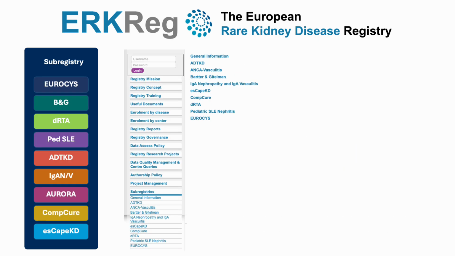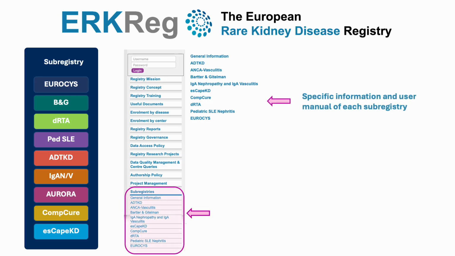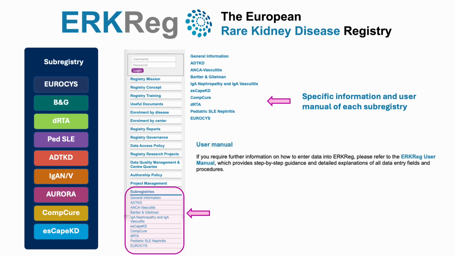This training provides an overview of the structure and the key points of each subregistry. For more detailed information, including inclusion criteria, individual variables, definitions, and specific data entry instructions, please visit the dedicated webpage of the respective subregistry and consult the corresponding user manual.